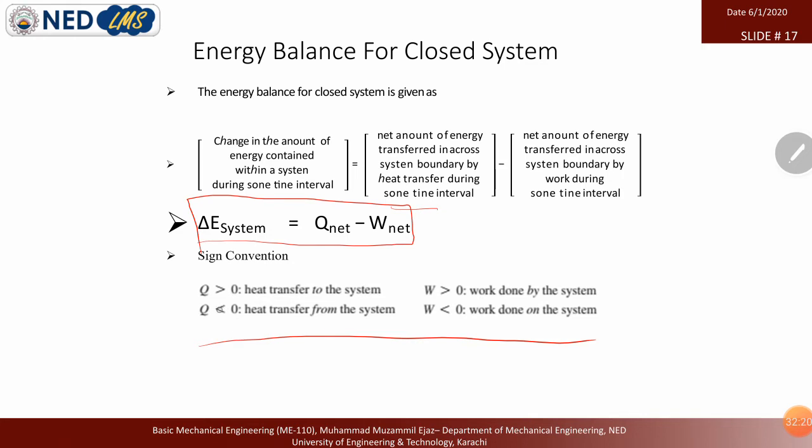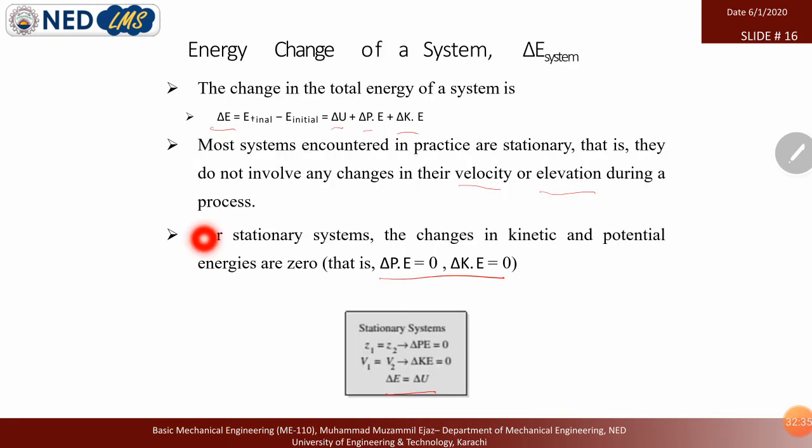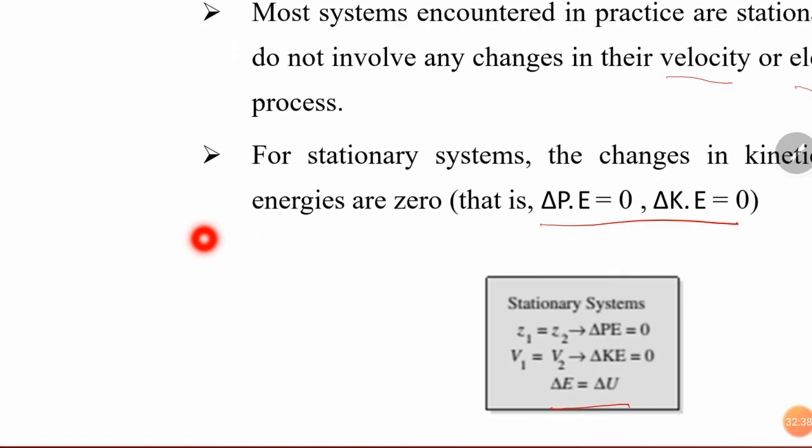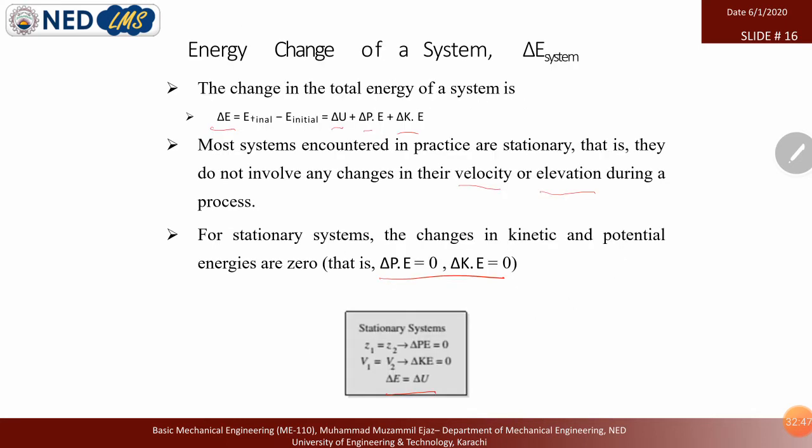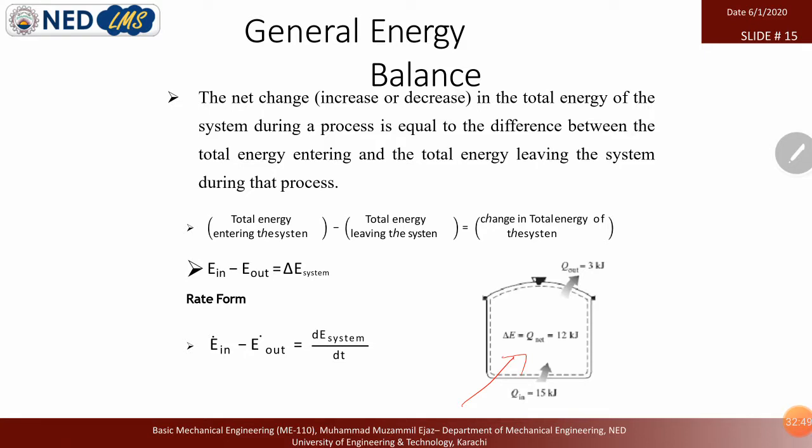So first of all, heat transfer greater than 0 means we use the positive sign convention when heat is transferred to the system, like in the previous picture. Here is the heat transfer to the system. So in this case we have to put Q in with the positive form.